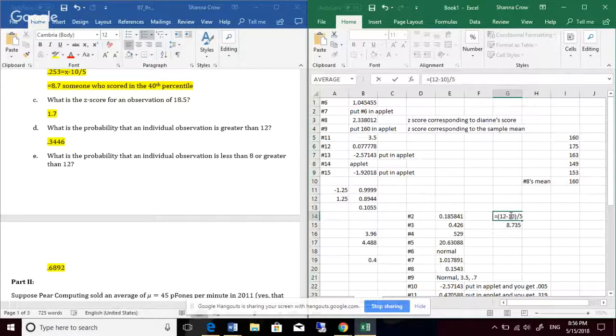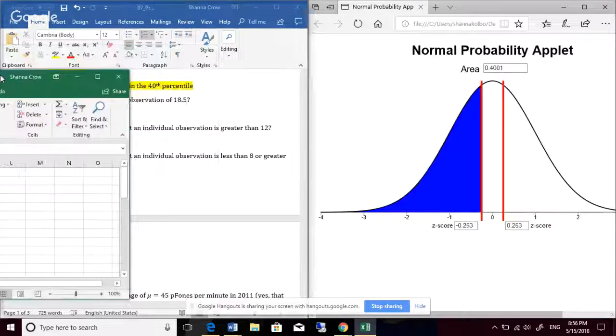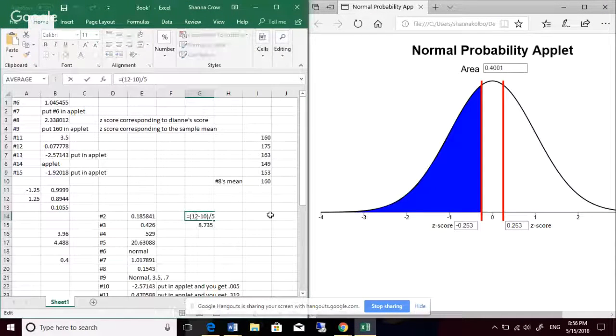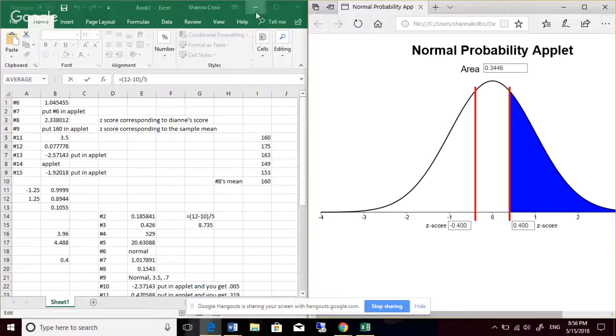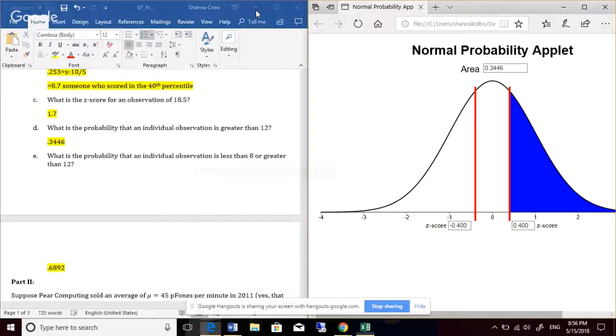Yep. Okay, so 12 minus 10 divided by 5. 0.4.